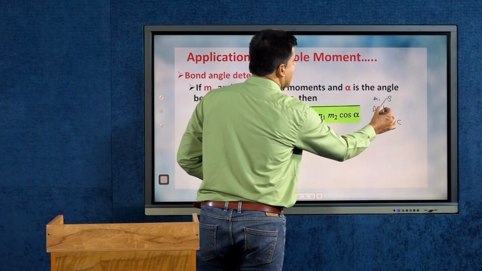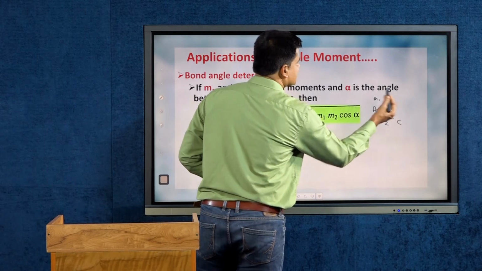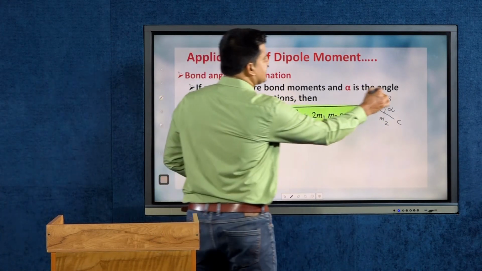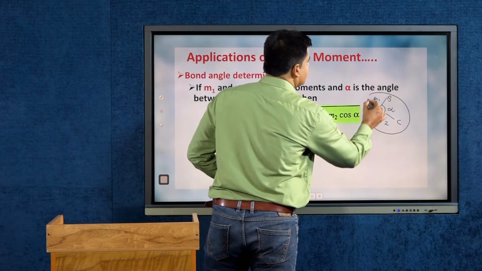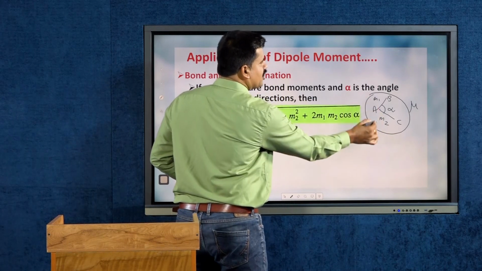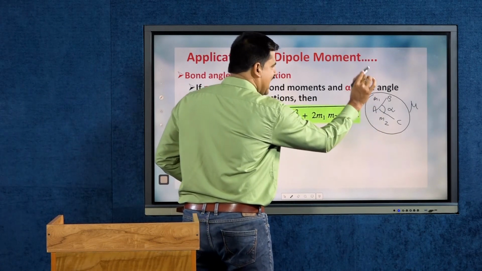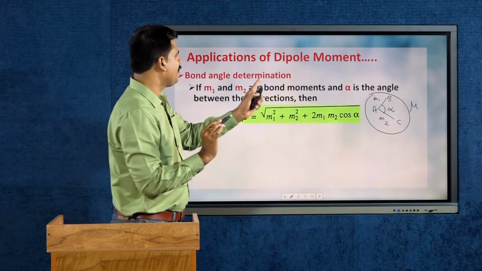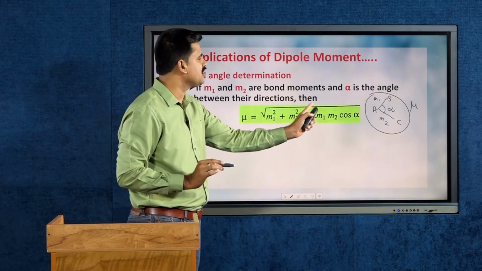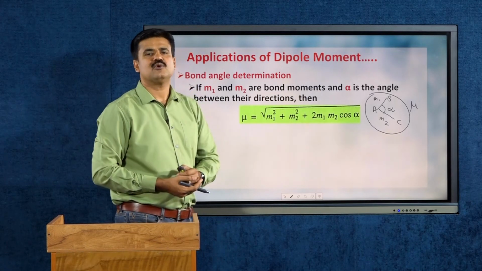If there is an angle between these two bonds which is marked as alpha, then the resultant net dipole moment of this molecule, let it be equal to mu, is related to the component bond moments M1 and M2 and the angle alpha by the relation mu is equal to root of M1 square plus M2 square plus 2 M1 M2 cos alpha.